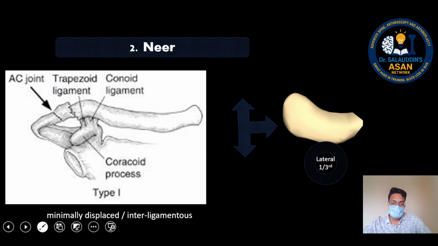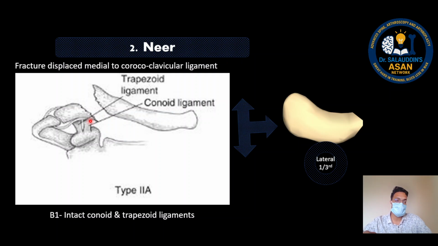So that is the lateral end type 1 or type A fracture, where the fracture is minimally displaced or it is an interligamentous fracture. Type 2 or type B is where the fracture is just medial to the coracoclavicular ligaments.